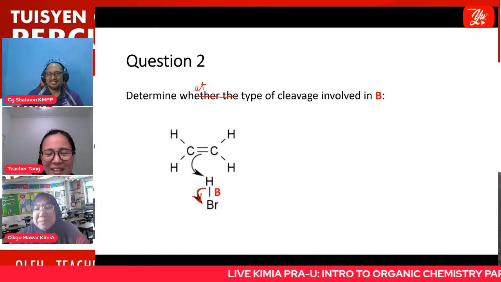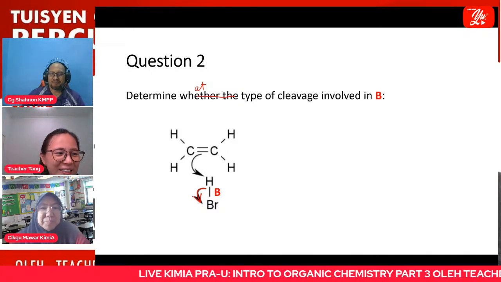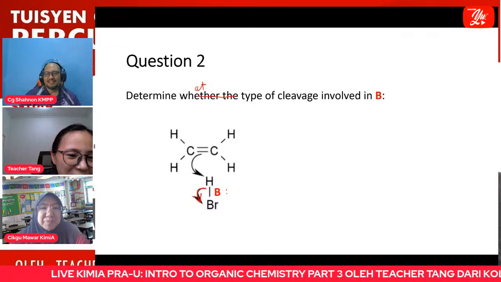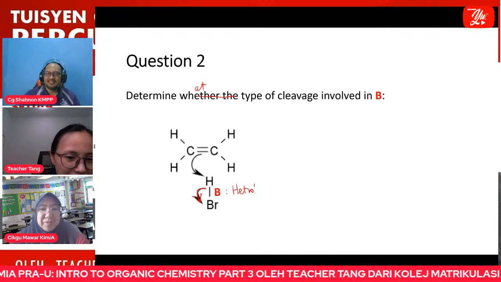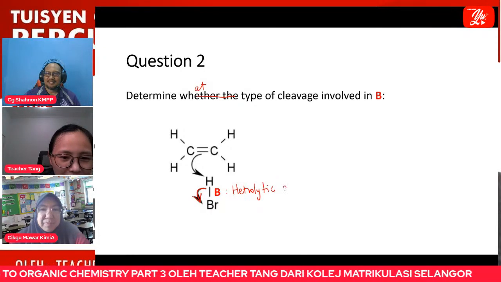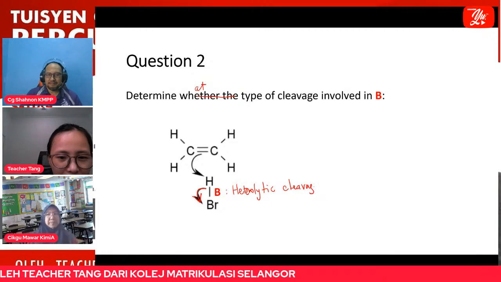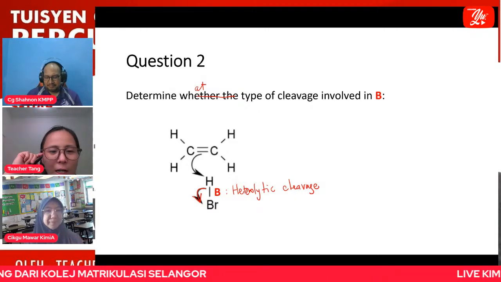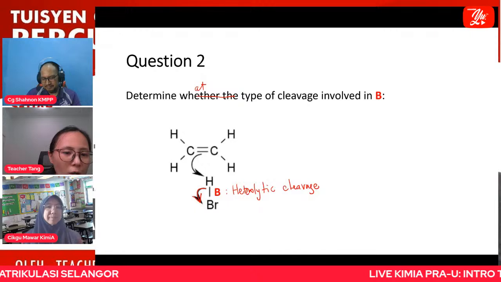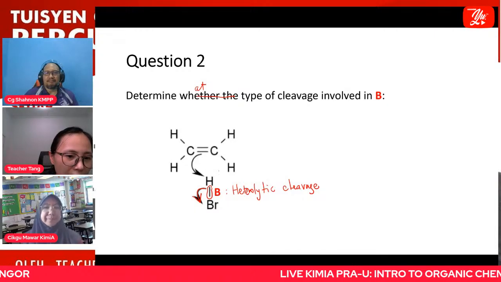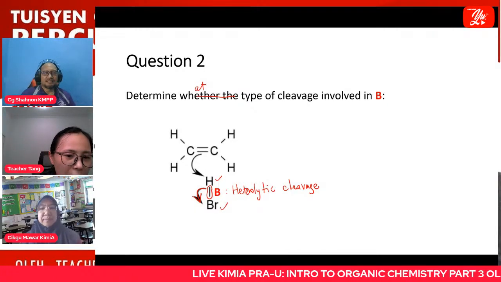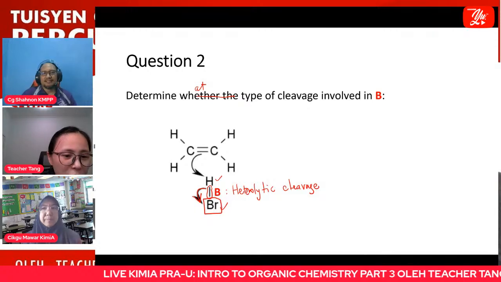But we cannot delay the time, so I will tell you the answer. This is heterolytic cleavage. The bond must be a polar bond, and between hydrogen and bromine, bromine is more electronegative.